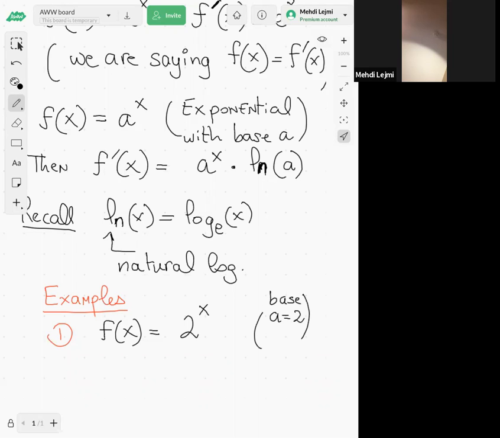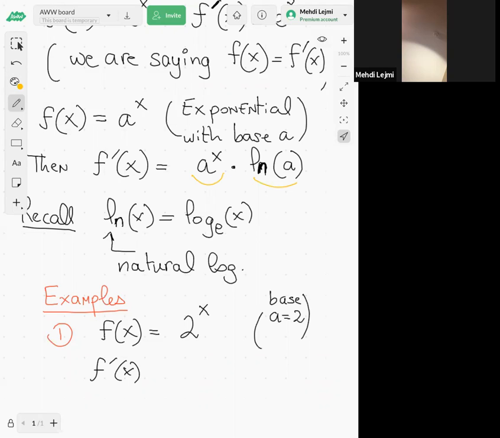So what would be f prime of x? We said the derivative would be a to the x, so we keep the a to the x, and we multiply by ln, natural log of a.